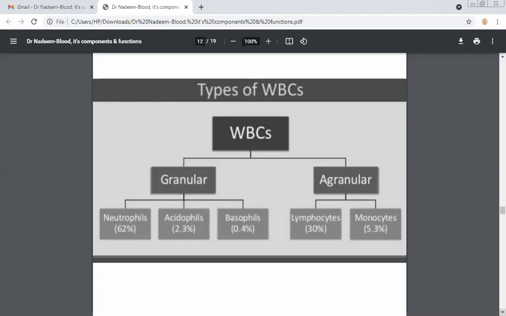Anyone can tell? How many types of lymphocytes are there? So two. What are they? Sir, B and T cells.